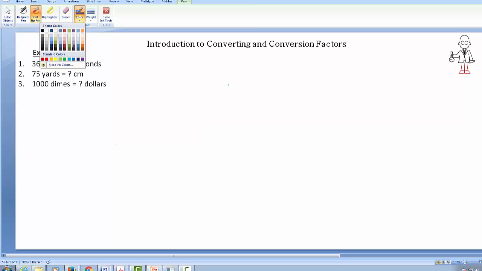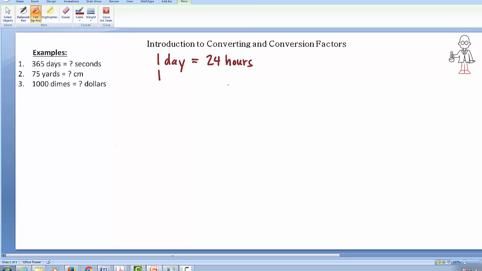So the first thing we know is in one day we have 24 hours. The second thing, or the second conversion factor or equivalency that we need is 1 hour is equal to 60 minutes.